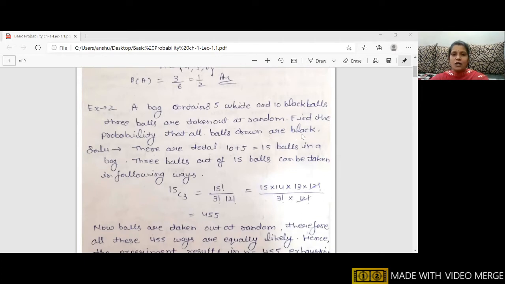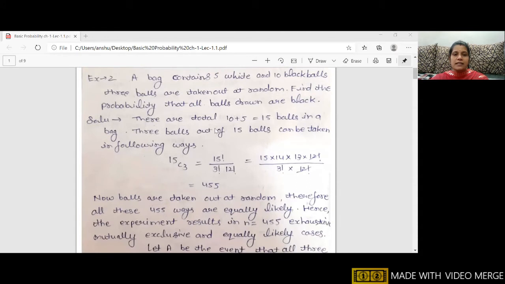That means we take out 3 balls at random and all the 3 balls are what color? Black. So the solution is there are total 10 plus 5 is equal to 15 balls in the bag.